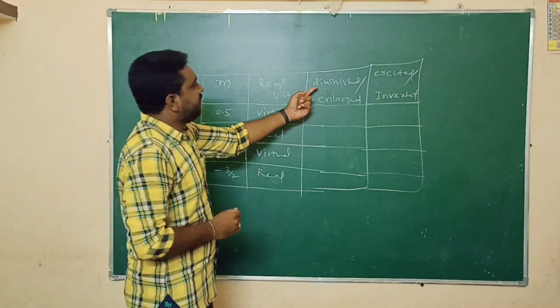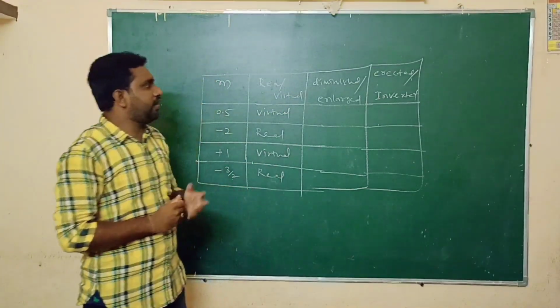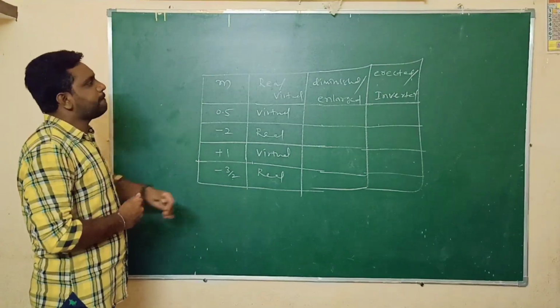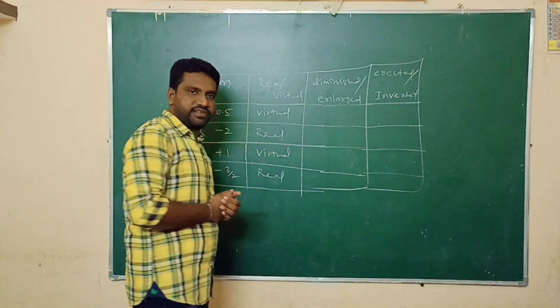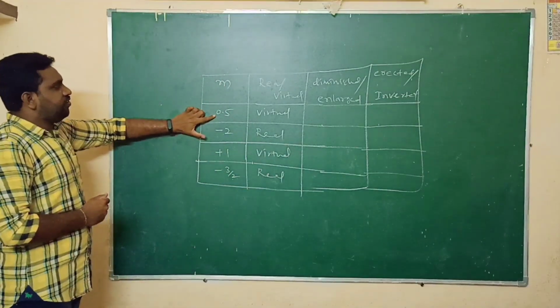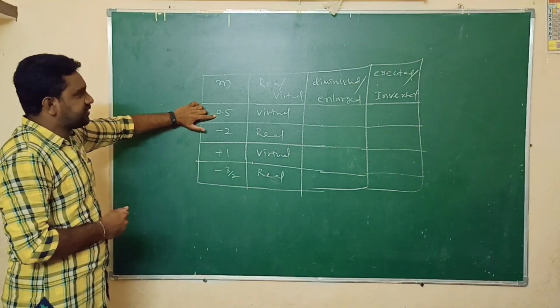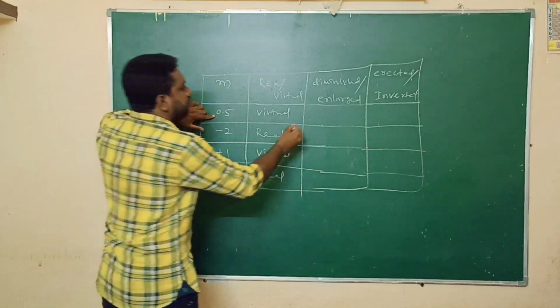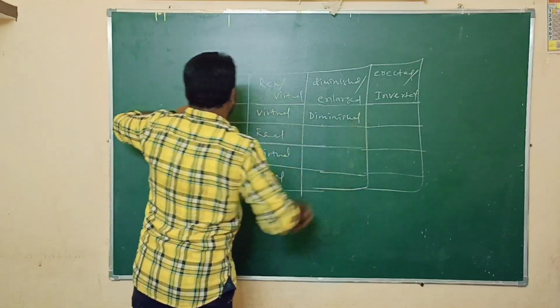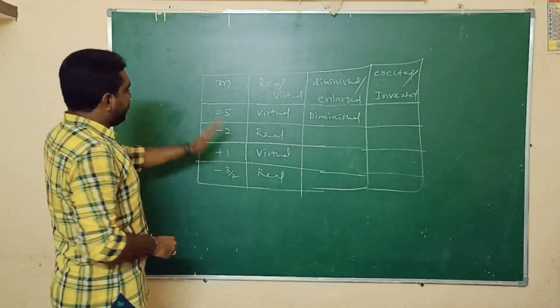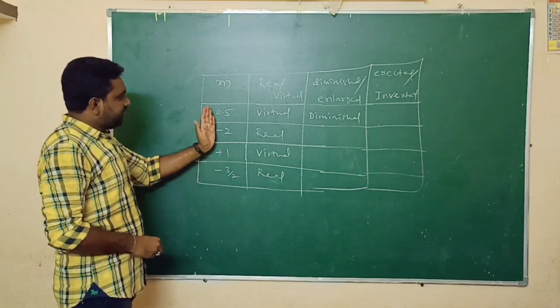And next it is related to size. Already I have explained about the size here. Diminished image is there and enlarged image is there. Here we got 0.5, that means it is less than 1, so it is a diminished image. Irrespective of sign, we should concentrate only on the number here.